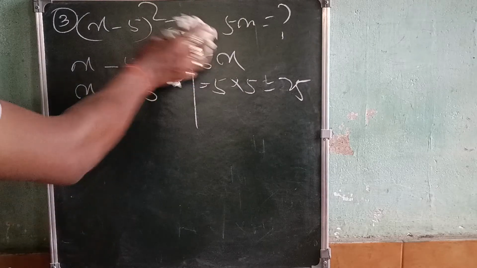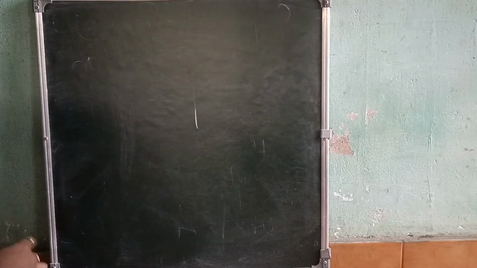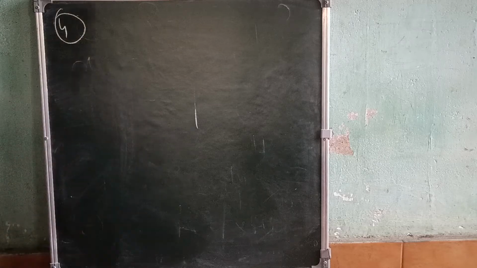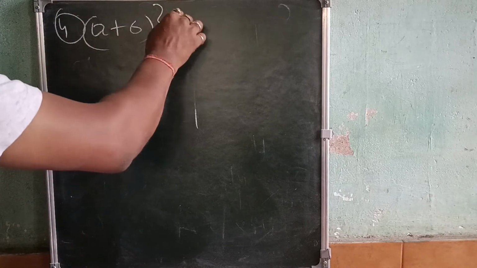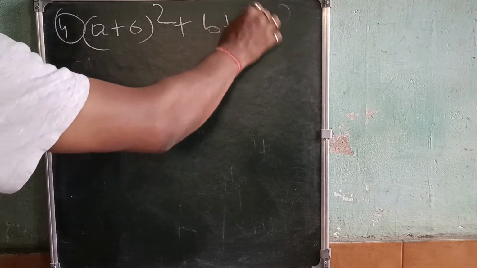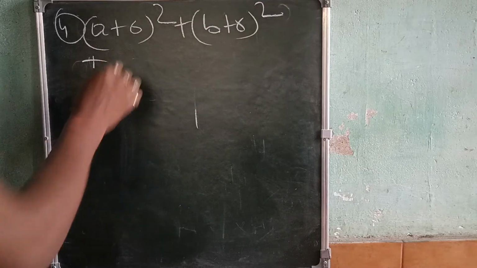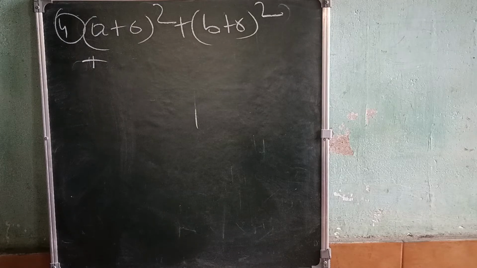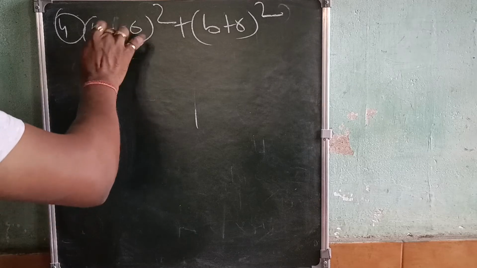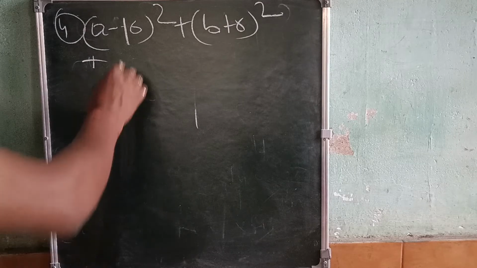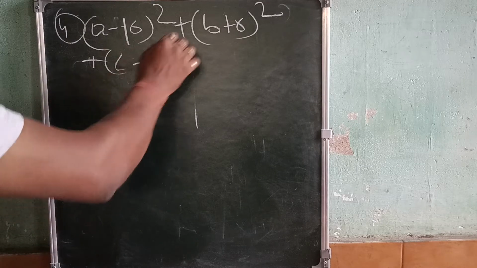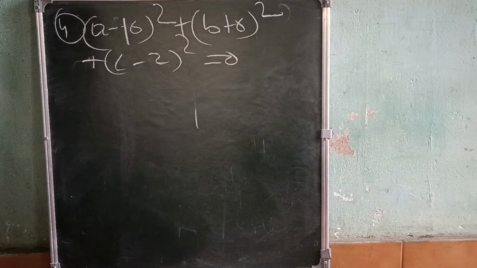Next question, question number 4. Question number 4 is: (a minus 16) whole square plus (b plus 6) whole square plus (c minus 2) whole square is equal to 0.